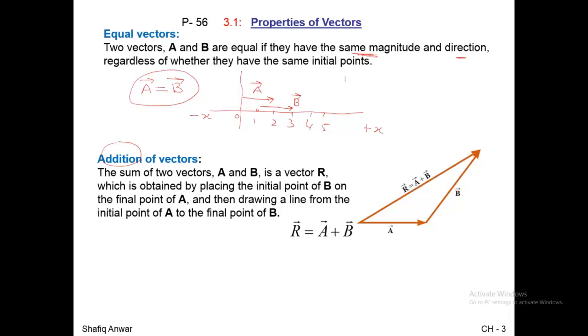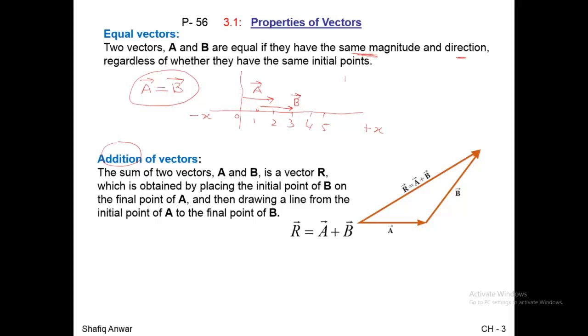For example, if I add two numbers, 3 and 4, equal what? 3 plus 4 equals 7. That is for simple numbers.